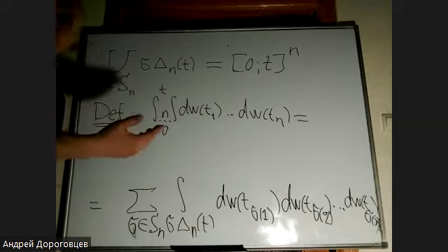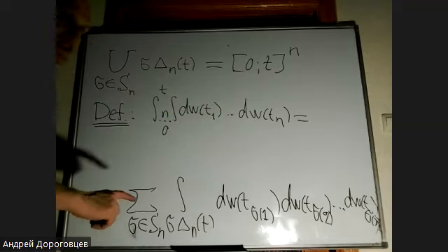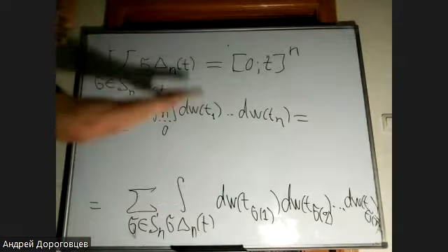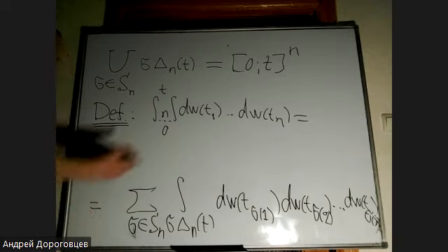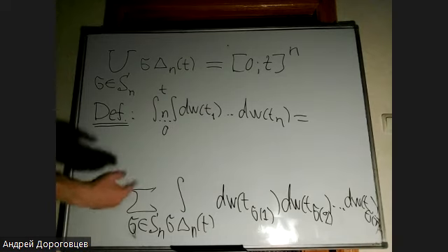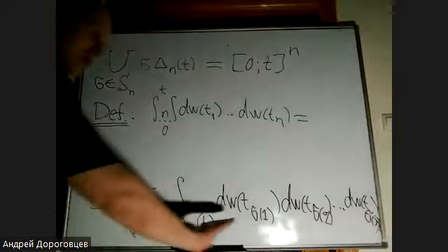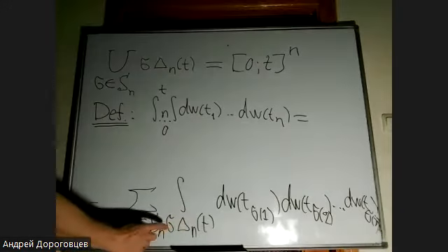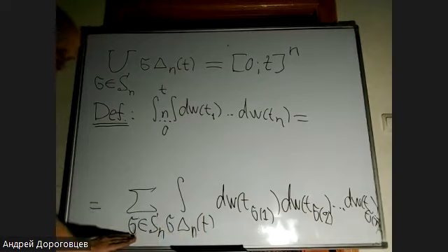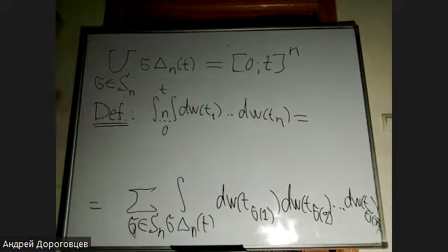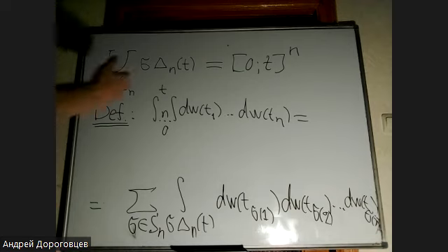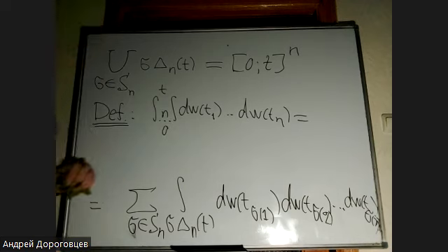We don't use some Ito construction there. We just define this integral using Wiener integrals, which are properly defined, but using the set of simplices, which in the union gives us this domain of integration. So this is a definition of such kind of stochastic integral.